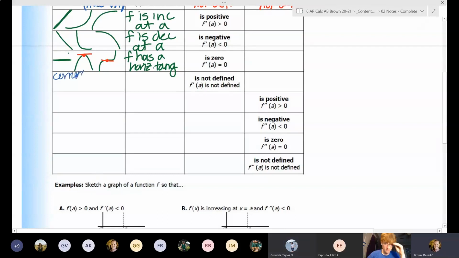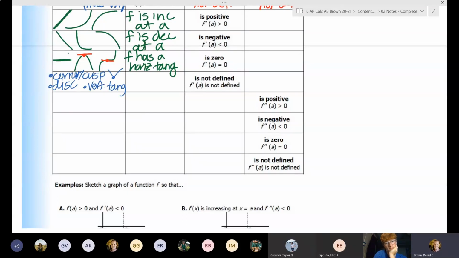Remember, that's when you have a sharp turn in the graph. What else would be a case where you have no derivative? A hole, and really any discontinuity would be a place where you have no derivative. And then the other one is when you have a vertical tangent, because if you know the graph is going vertical, then we say the slope is undefined there.